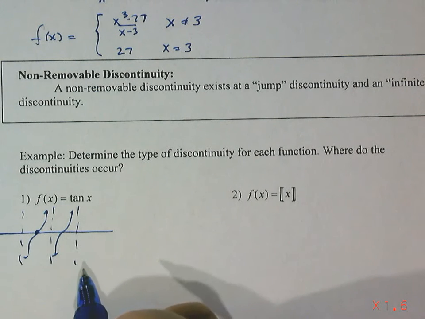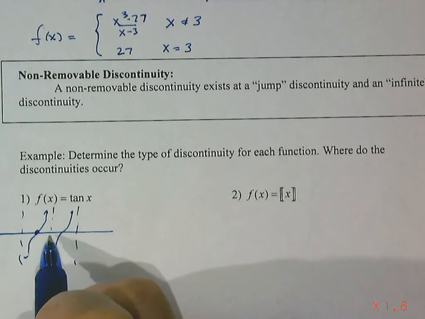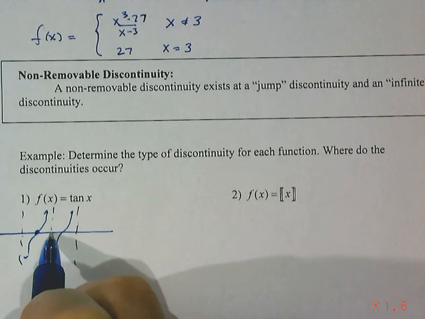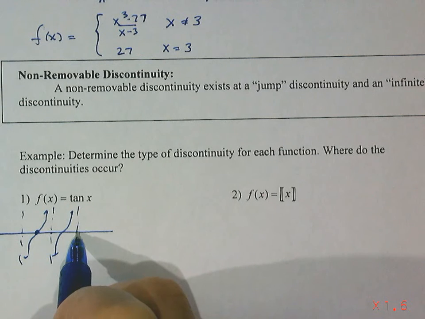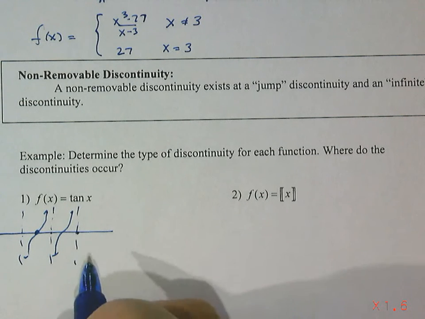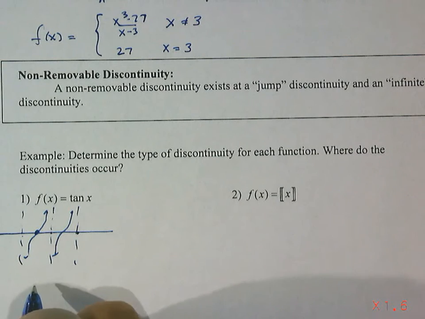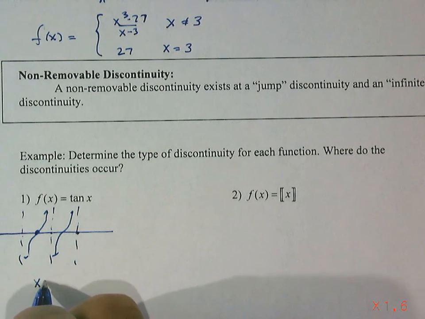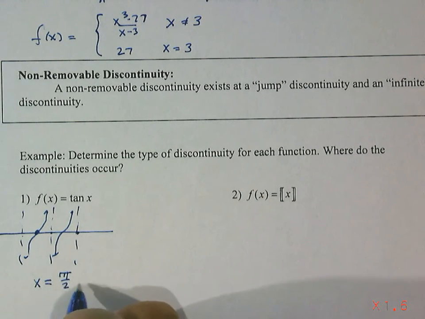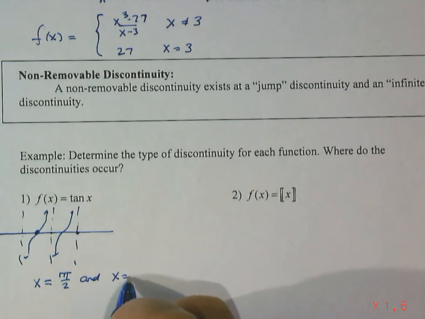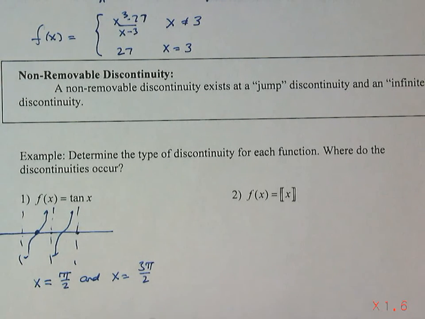So this would be at the origin 0, 0. This vertical asymptote occurs when cosine is equal to 0. Cosine is equal to 0 at negative pi over 2, pi over 2, 3 pi over 2, and so on. So in this case, I'm going to say x equals pi over 2 and x equals 3 pi over 2 are vertical asymptotes.